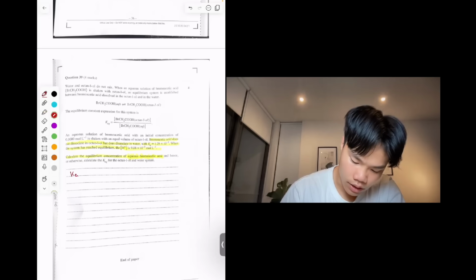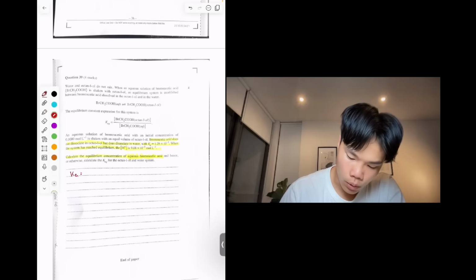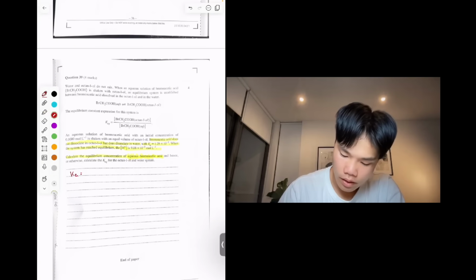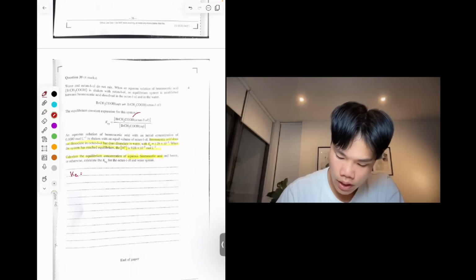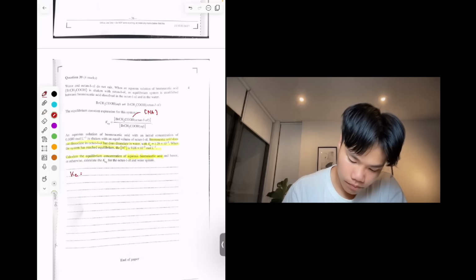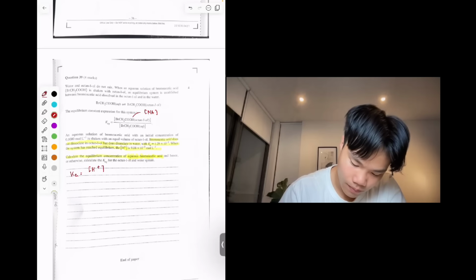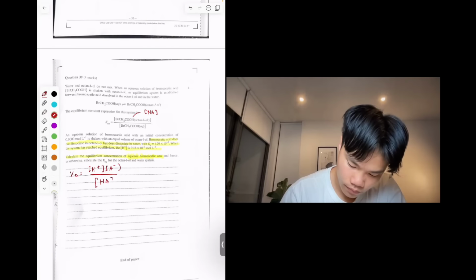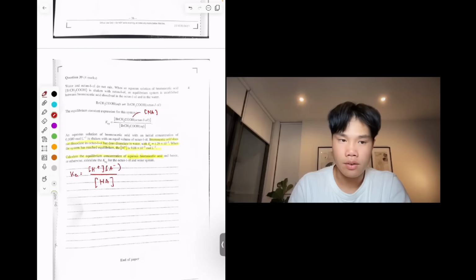So essentially, I'll represent BrCH2COOH as HA for simplicity of my working. Ka is equal to H+ times A- divided by HA, and this is standard for any acid dissociation.